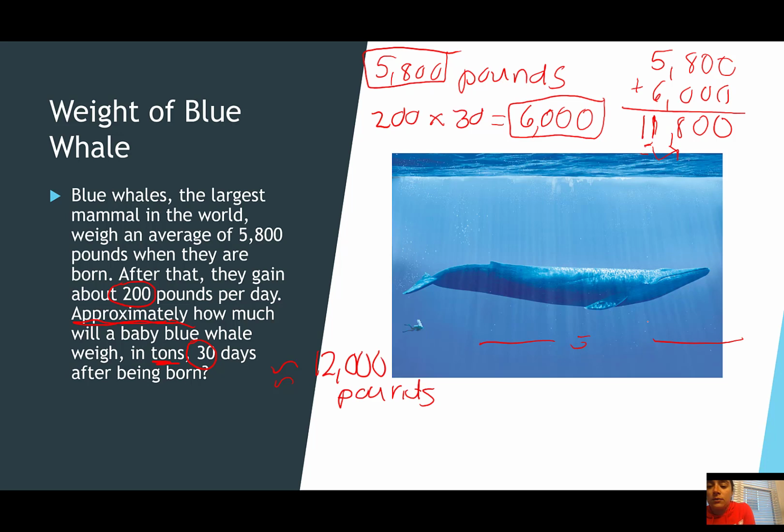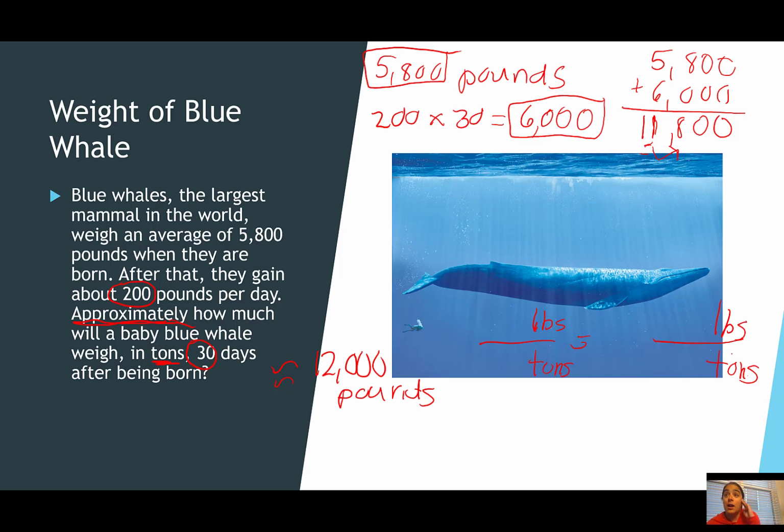And I have pounds, tons, pounds, tons. And remember, it has to match. So wherever I put the tons, they have to be in the same spot. In this case, they're both in the denominator. Wherever I put the pounds, in this case, the numerators, I'm going to put it in the same spot.